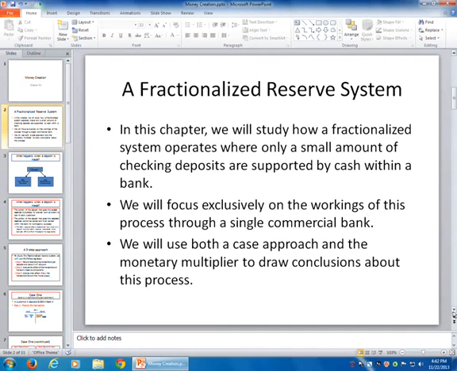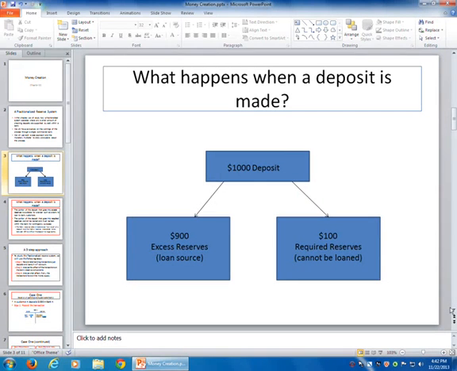So to start the process, let's say that a deposit is made. Say that I go to a bank and I deposit $1,000. Once that $1,000 is deposited, I as a customer will get a deposit slip to indicate that my account has been adjusted for the amount of the deposit.